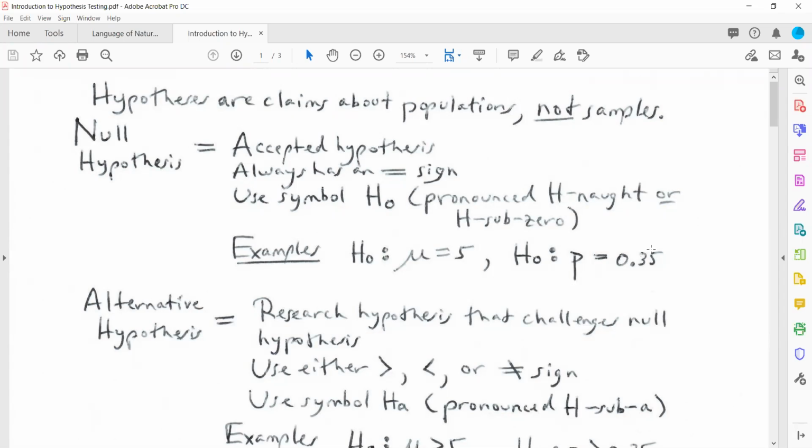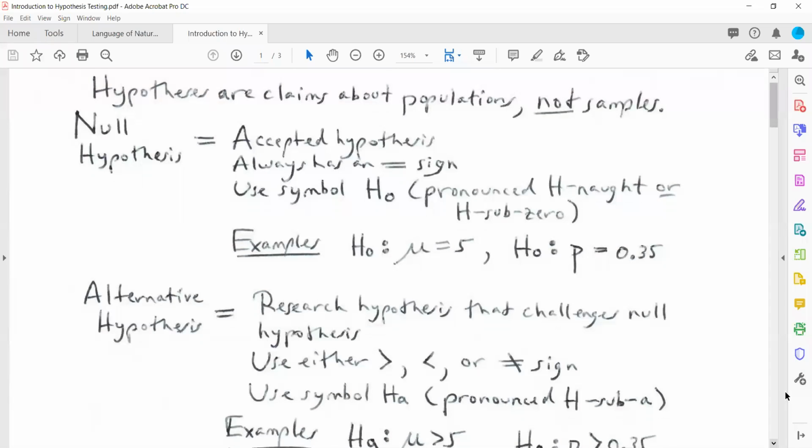Or if it's a proportion, this is another example of the way a proportion would look for a null hypothesis. Again, H naught colon p, which is the symbol for a population proportion, equal to 0.35. This is just an example of what it looks like when you write it. You're not going to write English, you're going to write symbols. All right, so that is the null hypothesis. Again, always an equal sign in the null hypothesis.